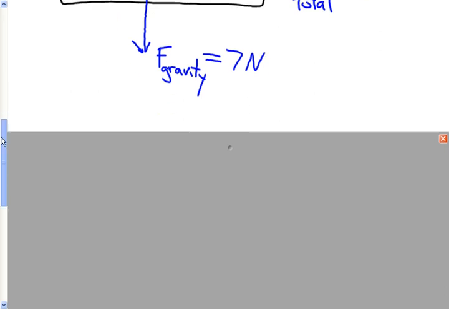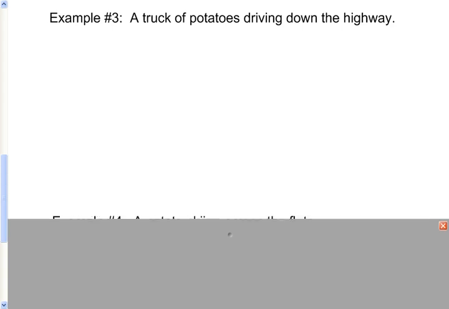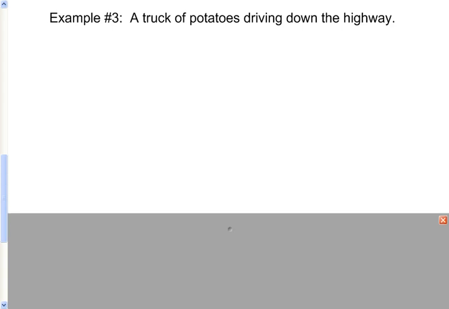And let's look at another example. This time, let's take a truck of potatoes driving down the highway. So here we have a lovely truck of potatoes. The spud truck.